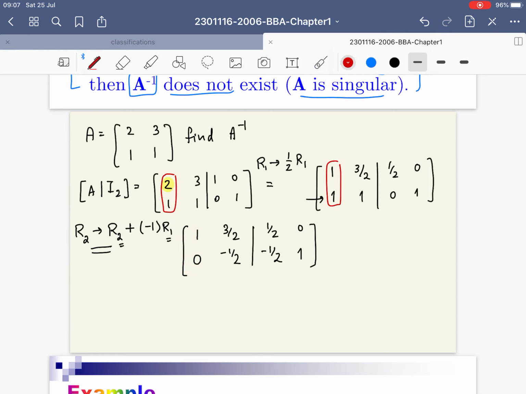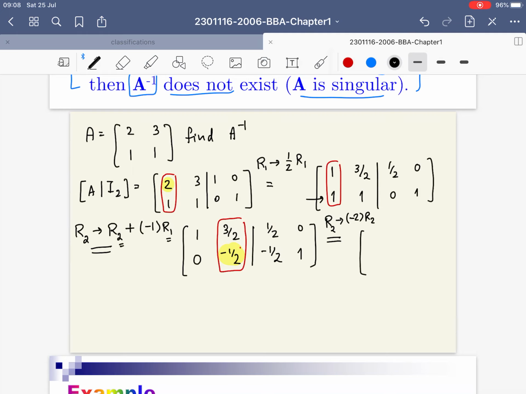Next, you are going to sweep to your second column, and there you need to concentrate on your second position of the second column, and it must be 1. So if it must be 1, then you are going to change it. So your R2, you are going to multiply by negative 2.